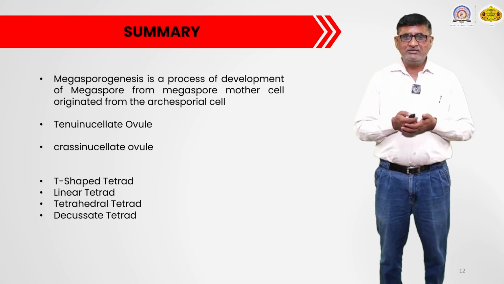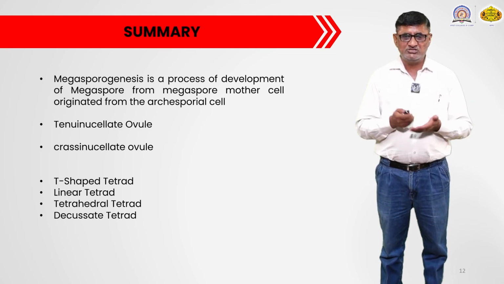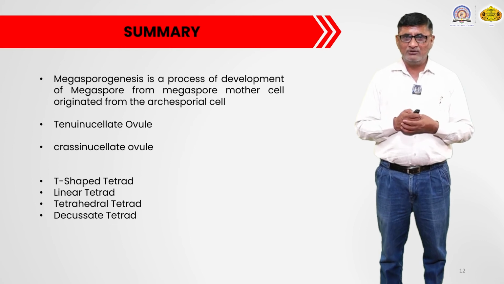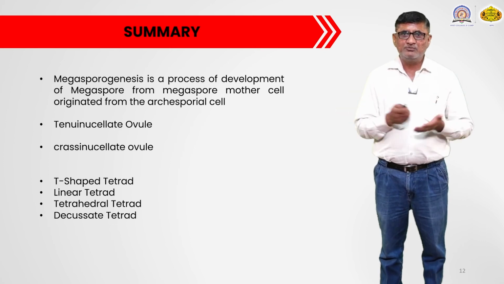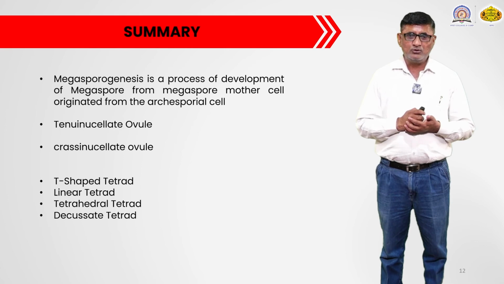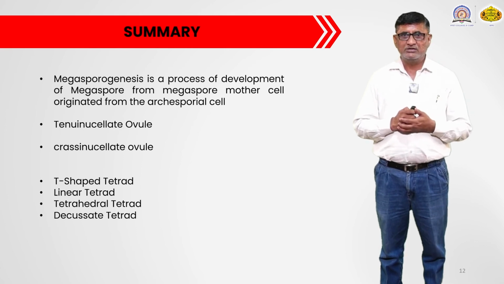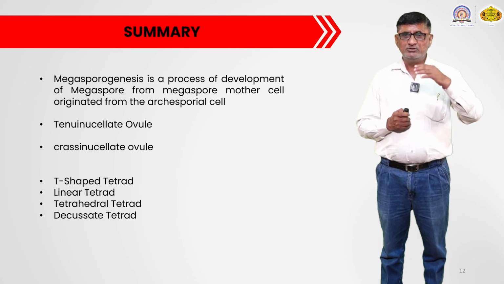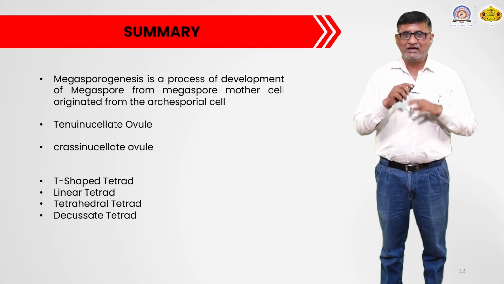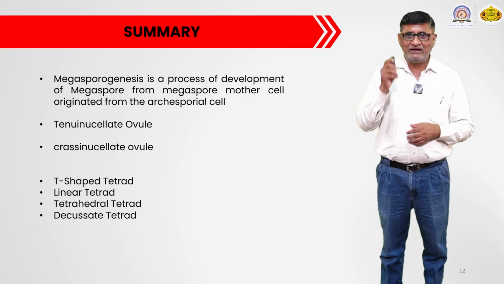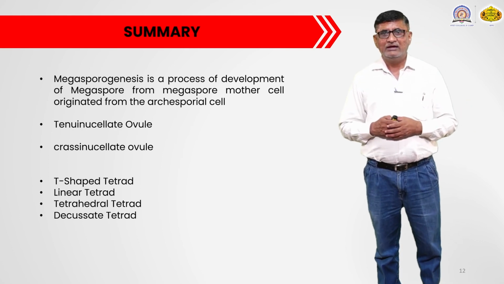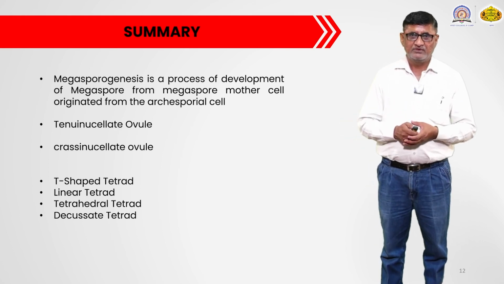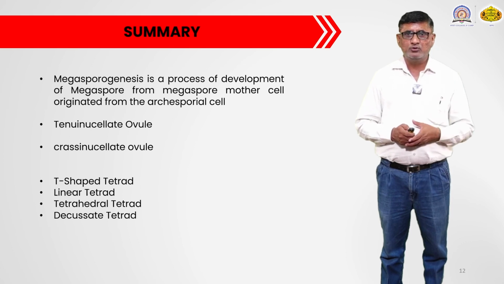And then, in the development of megasporogenesis, the 4 megaspores are developed by different planes of divisions, and accordingly there are different kinds of megaspore tetrad. The T-shaped megaspore tetrad, in which 2 megaspores are at the top and 2 are lying below, forming a T-shaped structure. A linear tetrad, in which all 4 megaspores are in one line.